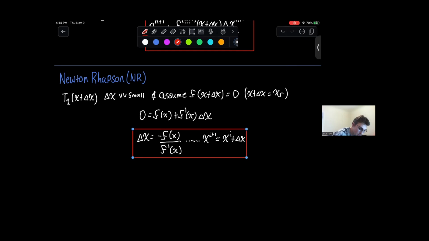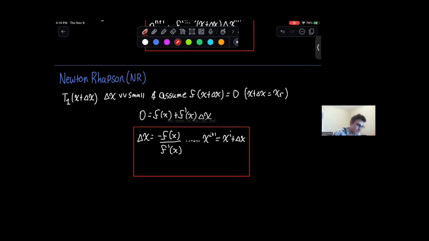Now, the more iterations we do, the smaller our delta x is going to get until we converge finally onto a solution. And if you don't like that notation, if we do univariate Newton-Raphson, then we can just go right to this: x i plus 1 is equal to x i minus f of x divided by f prime of x.